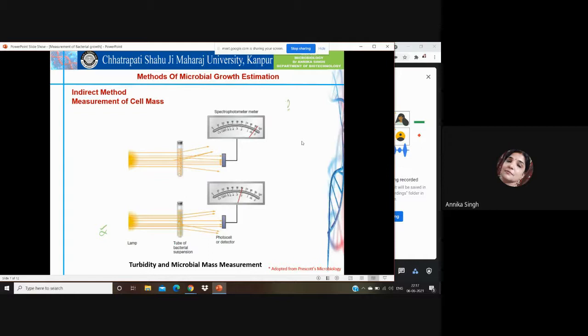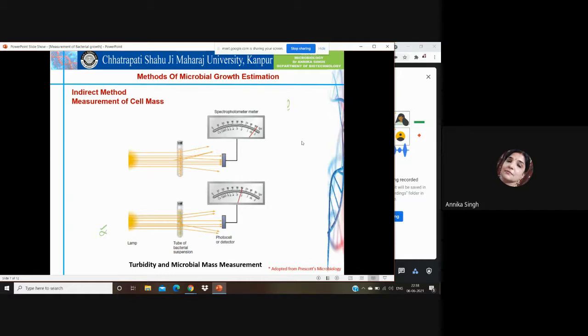In the indirect method, we go for the measurement of cell mass, that is, techniques for measuring changes in cell mass, and these techniques are very popular and very traditional methods to determine microbial cell growth.